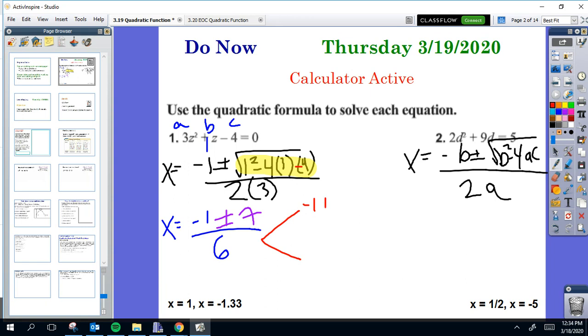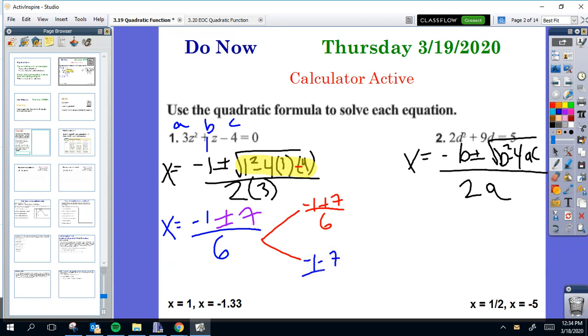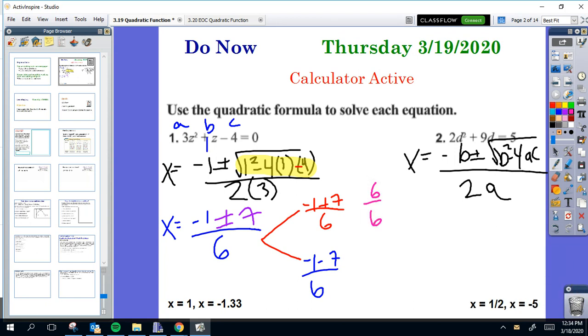This will be negative 1 plus 7 over 6. The bottom one's going to be negative 1 minus 7 over 6. And let's simplify that. This will be negative 1 plus 7 is 6 over 6. The bottom one's going to be negative 1 minus 7, negative 8 over 6.